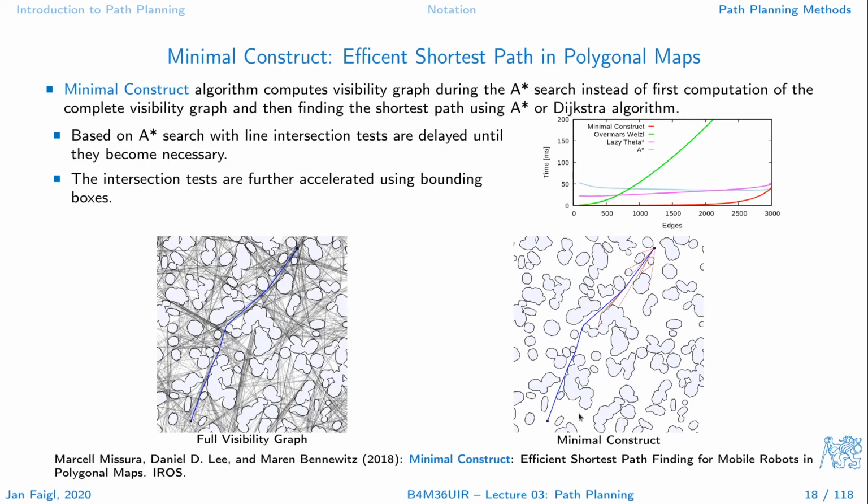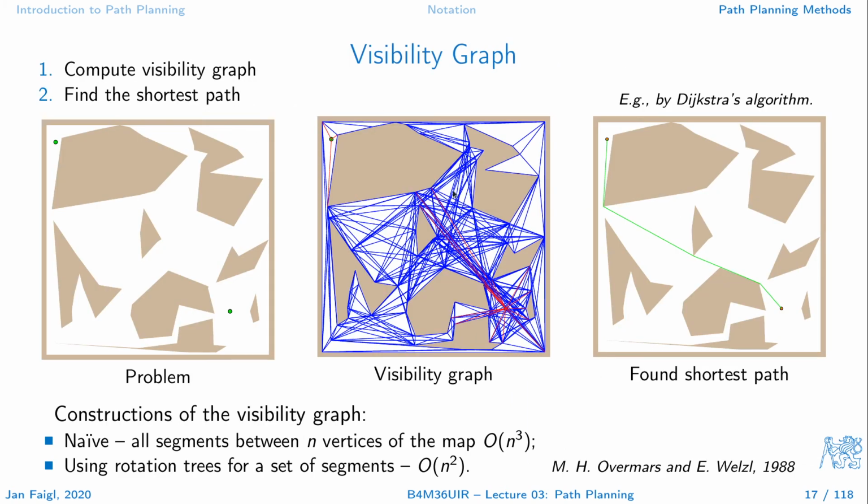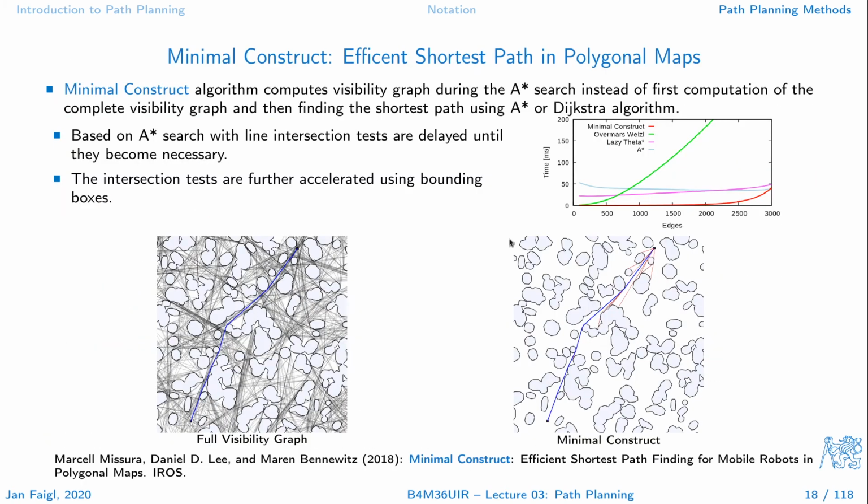It's quite an important concept to not pre-compute everything. This is also used in many AI approaches, and this is a representative of path planning algorithms that combines A star for planning with the visibility graph computation. During the relaxation and expansion of the nodes in A star, we actually perform the visibility check.